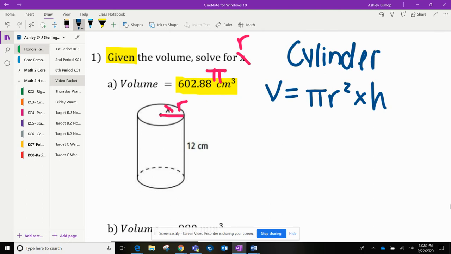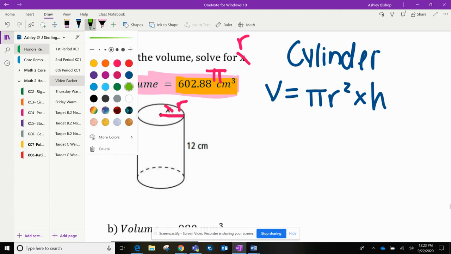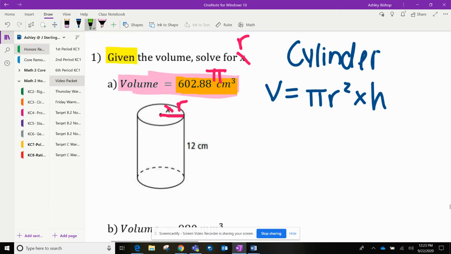Now our next step is going to be to substitute in what the problem gave you. So let's look at the problem. The problem gave me volume is equal to this. I know what my volume is, so I'm going to substitute that in. Volume is equal to 602.88 pi. Well, this V stands for volume.